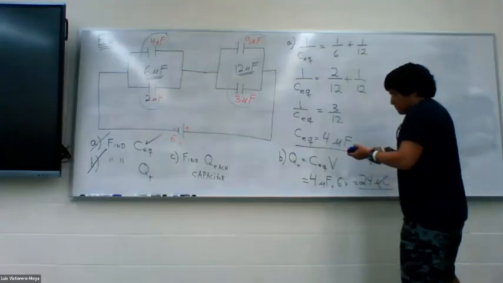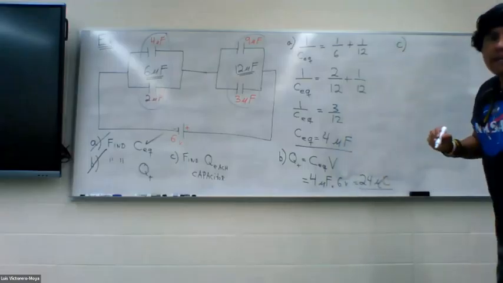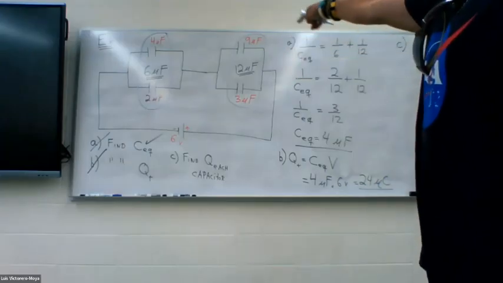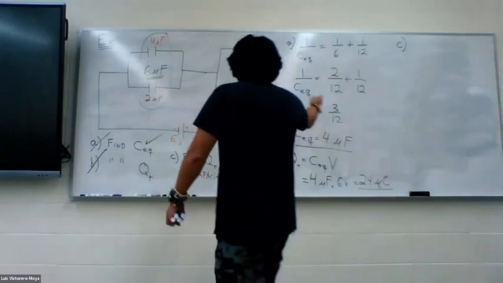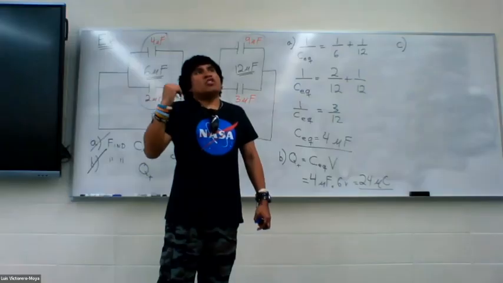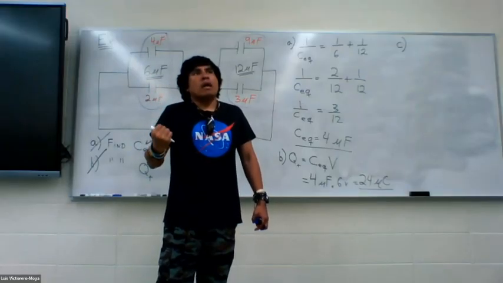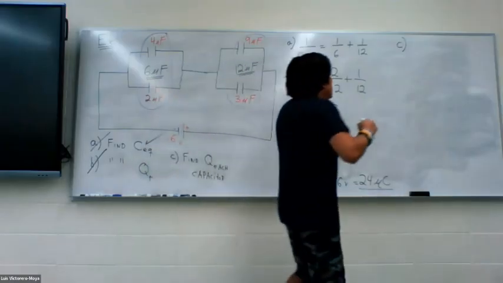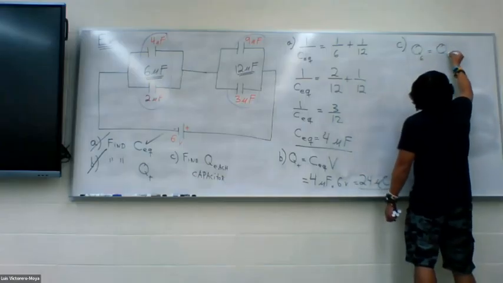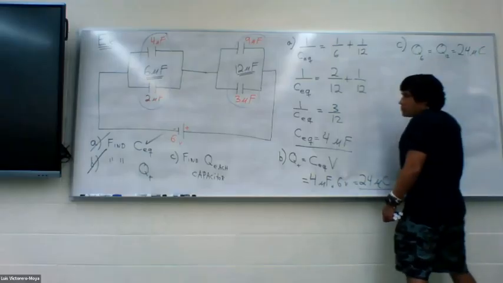Let's do part C. For part C, you first need to notice, if you go backwards, that 6 and 12 are in series. So by the theory, you know that the charge on 6 is equal to the charge on 12, equal to 24 because they're in series. So you start with that statement. The charge on 6 is equal to the charge on 12, which is equal to 24 microcoulombs.